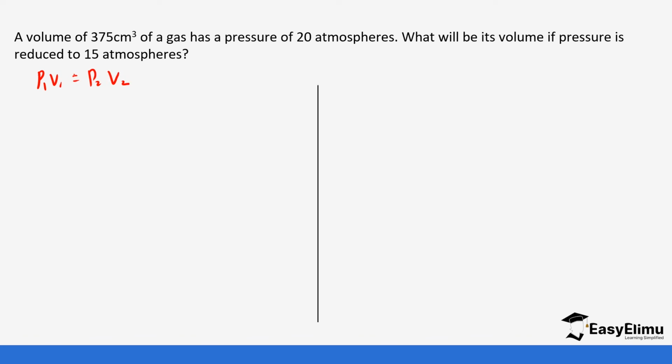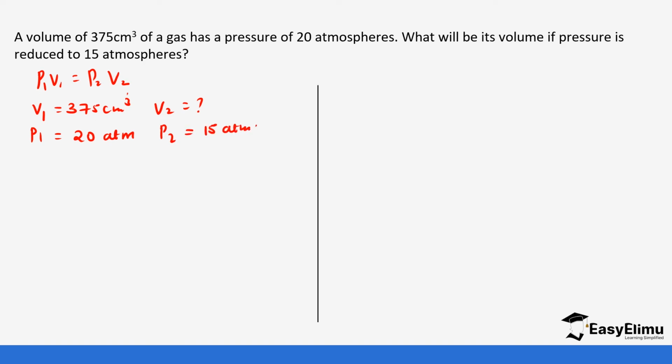We identify what we have been given: a volume of 375, that is V1, which is 375 centimeters cubed. And then P1 in this case is 20 atmospheres. And then what will be its volume? So V2 we have not been given, if the pressure 2 is reduced to 15 atmospheres.